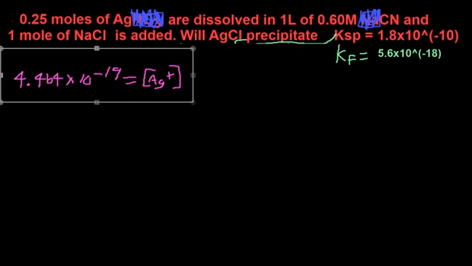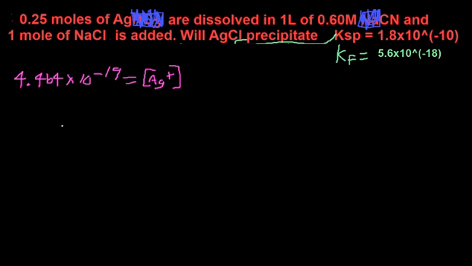Okay, so here we have 4.64 times 10 to the negative 19, and that equals the concentration of silver. Now how do we figure out whether or not it will precipitate? We know the Ksp for it is 1.8 times 10 to the negative 10, which means our Qsp has to exceed that.